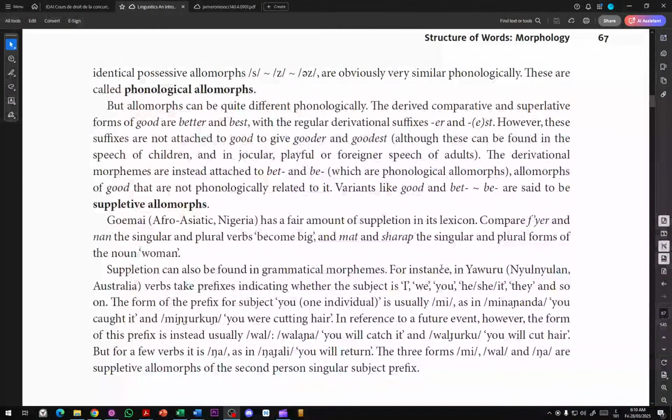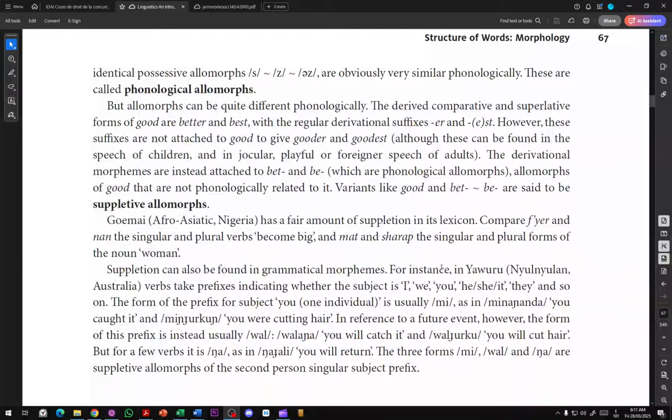The derivational morphemes are instead attached to bet and be.